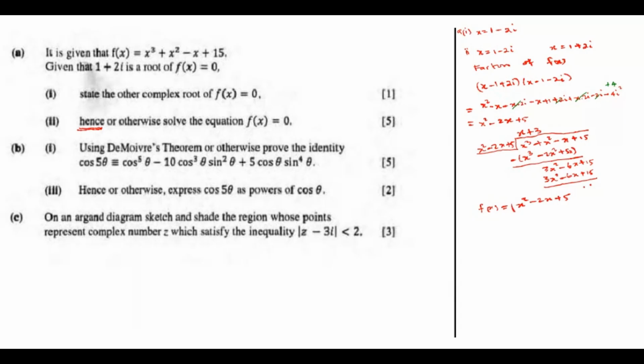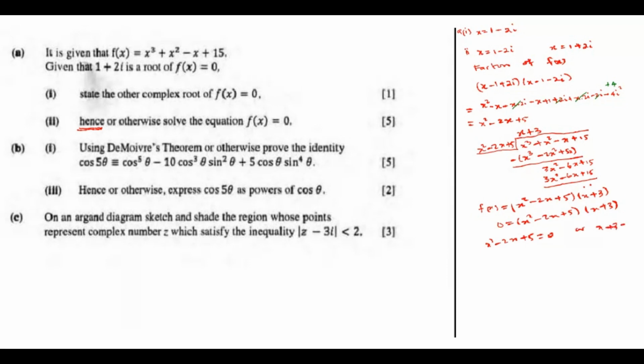then x plus 3. Equating this to 0, we have 0 is equal to x squared minus 2x plus 5 times x plus 3. Either x squared minus 2x plus 5 is equal to 0, or x plus 3 is equal to 0.